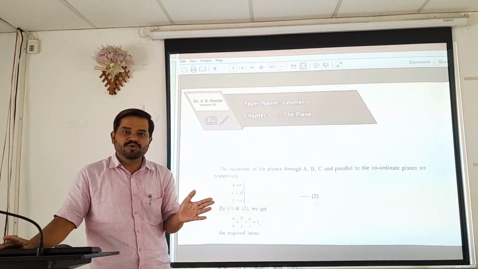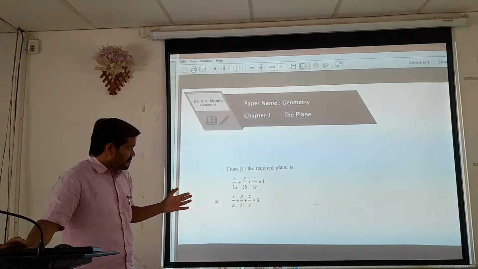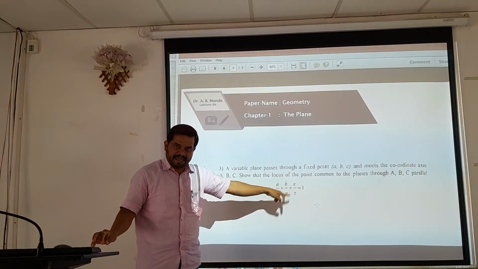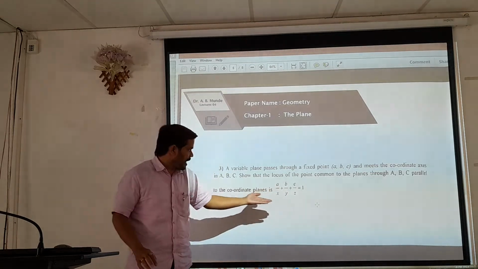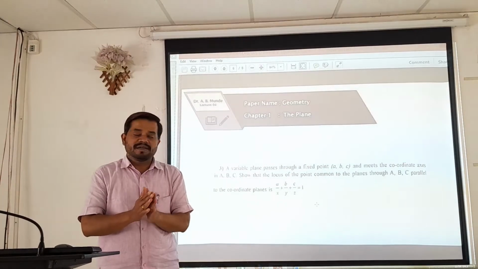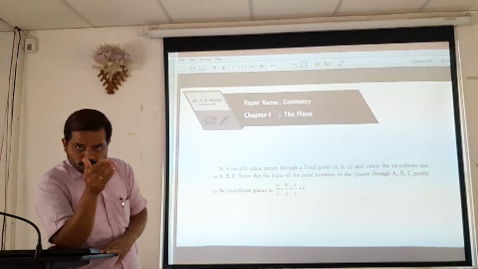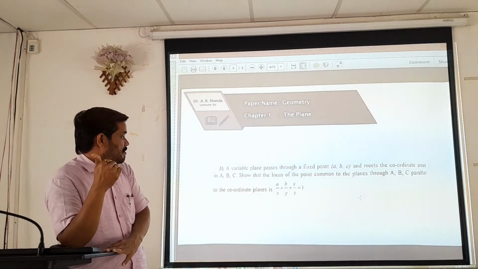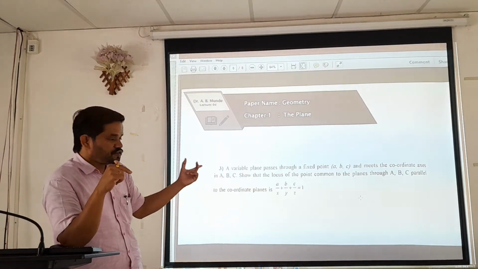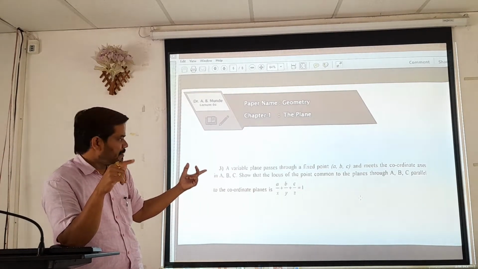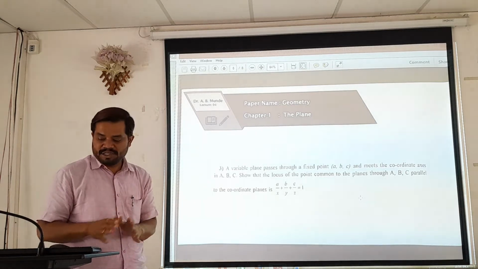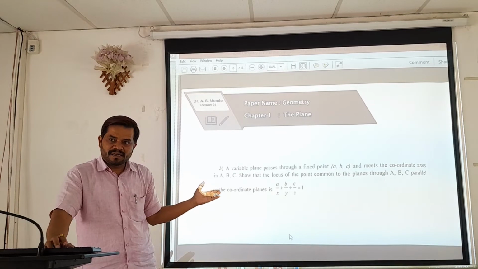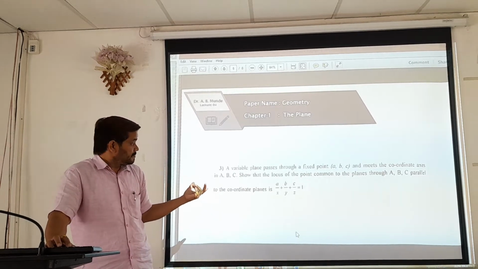Let us see, a by x plus b by y plus c by z is equal to 1. So we can show that the locus of the point common to the planes through capital A, B, C parallel to the coordinate planes is a by x plus b by y plus c by z is equal to 1. Do you understand this example? Yes, all of you? Okay.